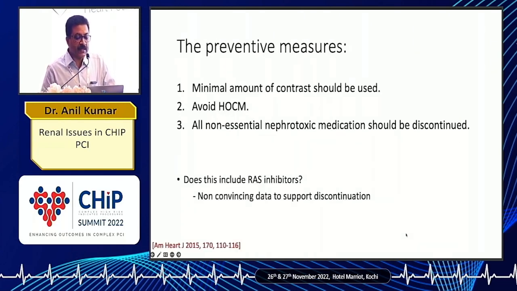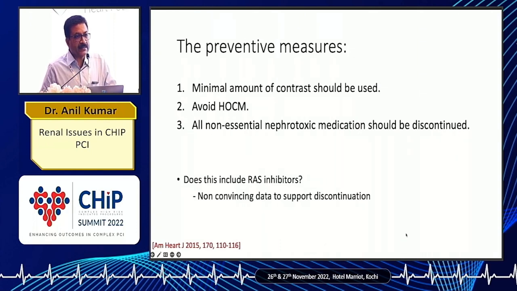Now let us look at the preventive measures. First, a minimal amount of contrast should be used. Avoid high osmolar contrast media. All non-essential nephrotoxic medication should be discontinued. In this context, an important question will be, does this include RAS inhibitors?